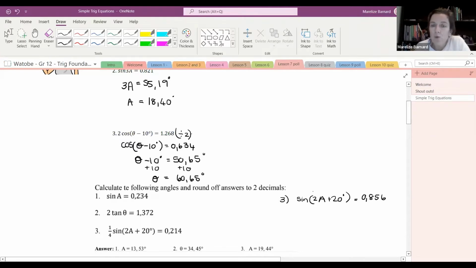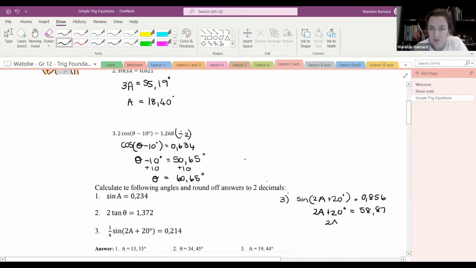Okay, now we're at a point where we have our trig ratio equal to a number. So we go to our calculator and we say shift sine, and we get that our angle here, 2a plus 20, is equal to 58.87. But we still need to get the angle by itself. So we're going to subtract 20 on both sides.